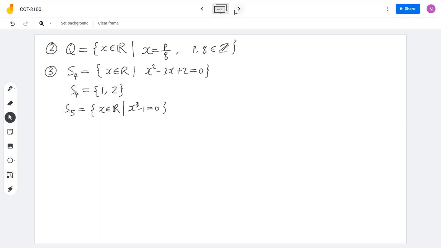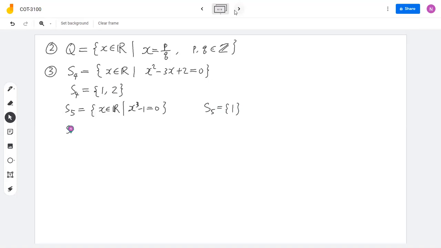But since the ground set in this definition, x must be a real number, the other two complex roots have to be excluded from the set. So S5 basically contains a single element, 1.